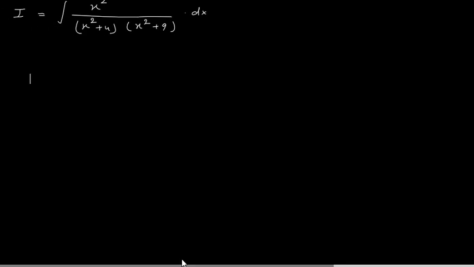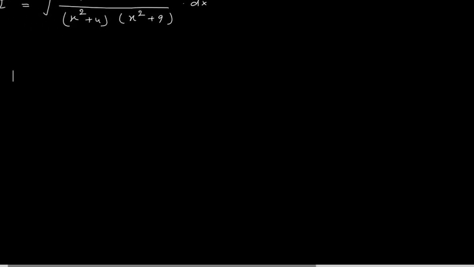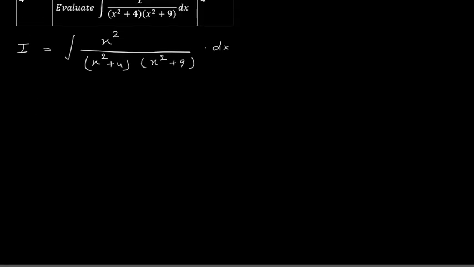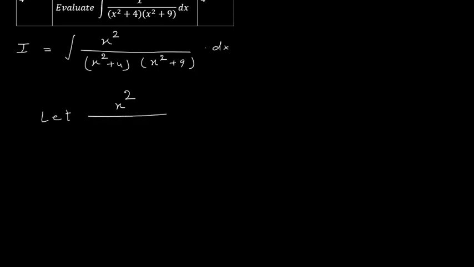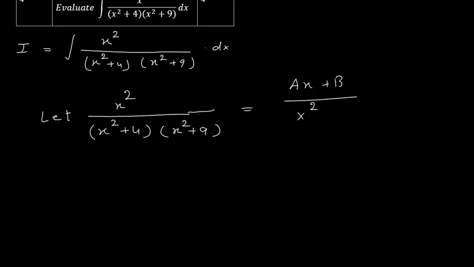We can write x square upon x square plus 4 into x square plus 9 as ax plus b upon x square plus 4 plus cx plus d upon x square plus 9.